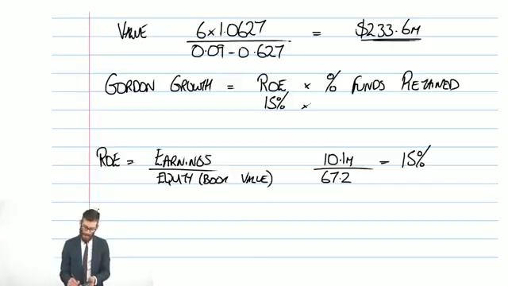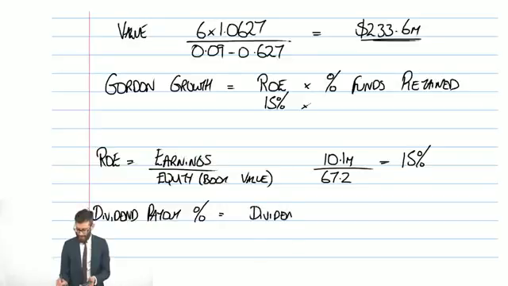And then the dividend payout percentage equals the dividend divided by the earnings.